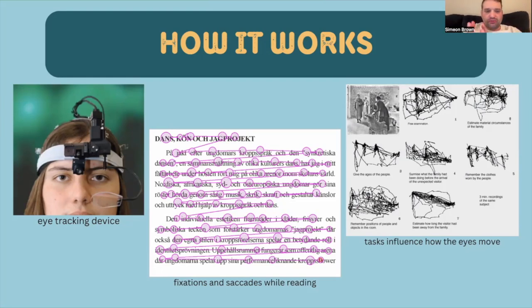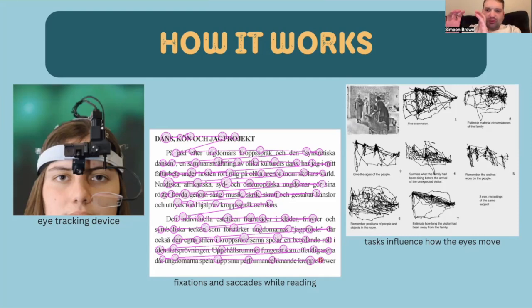I've given here a few examples of tracking eye movement when reading a text, and also when looking at a picture. By the way, that third one on the right shows that tasks influence how the eyes move.